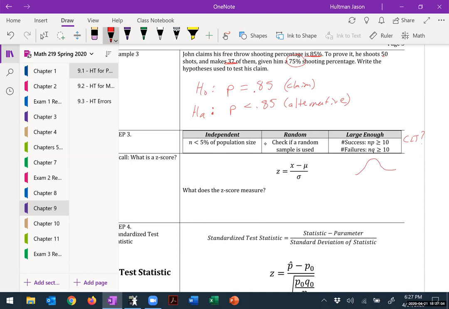Well, we're going to assume independent, that n is less than 5% of the population size, large population. We're going to assume that it's random, that they were randomly sampled. So these two we're just going to assume are true.